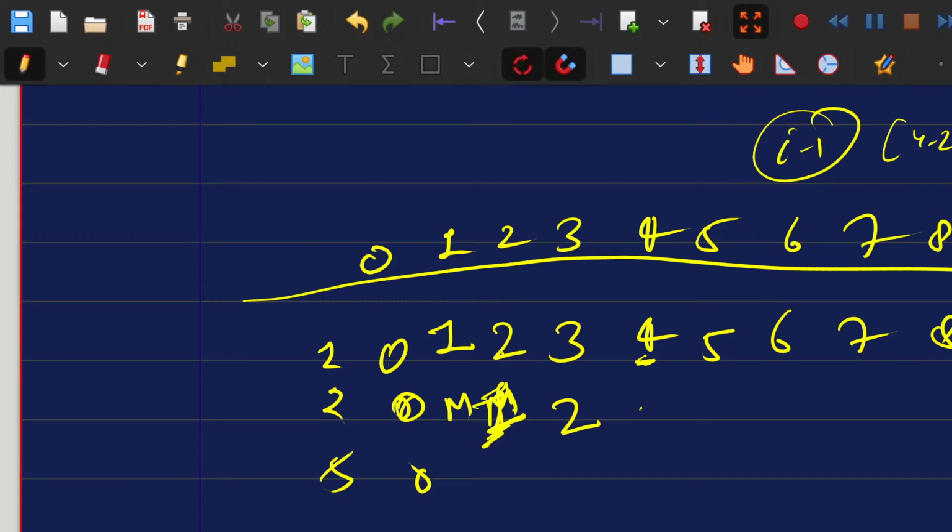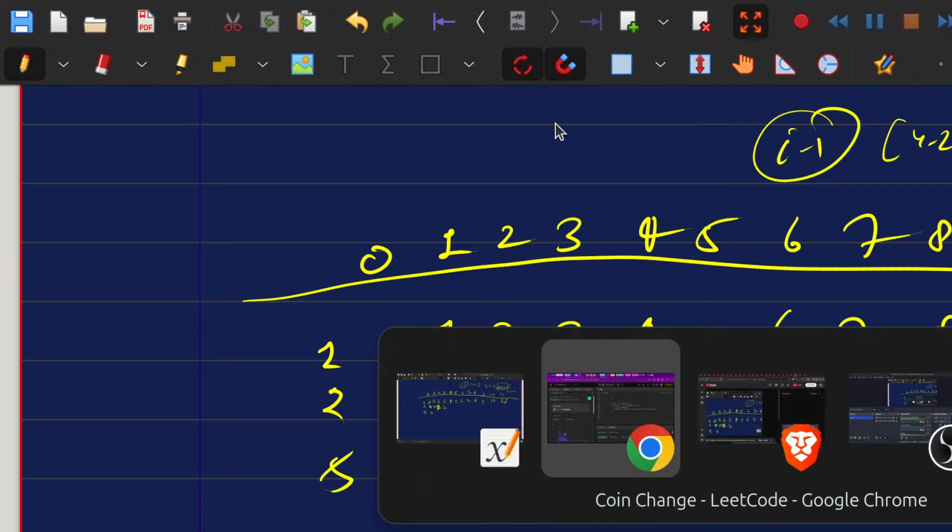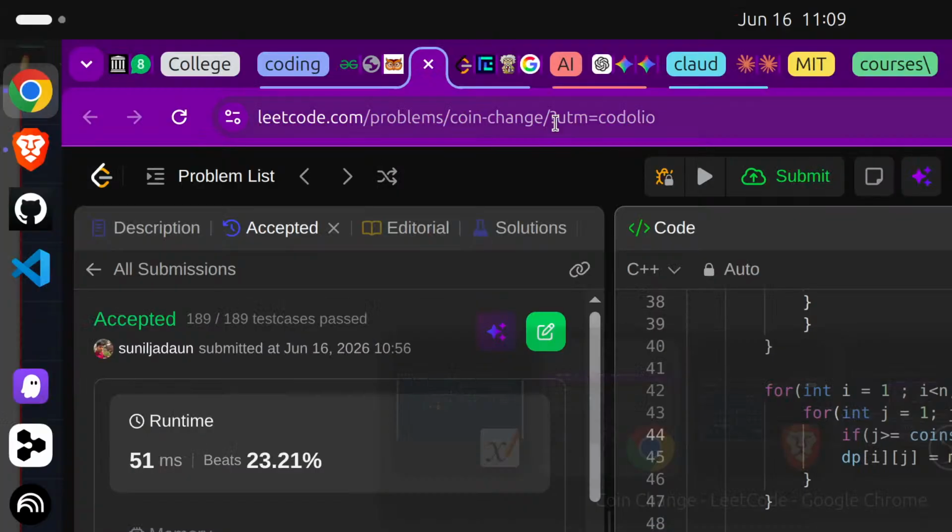So also j minus coins i, and this is only i plus, okay.